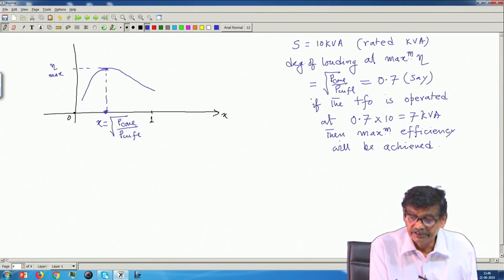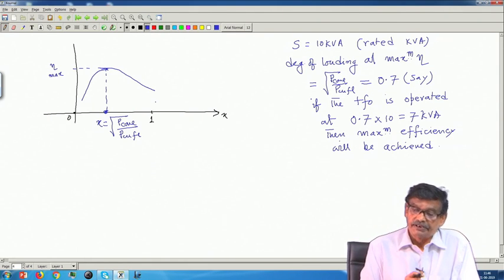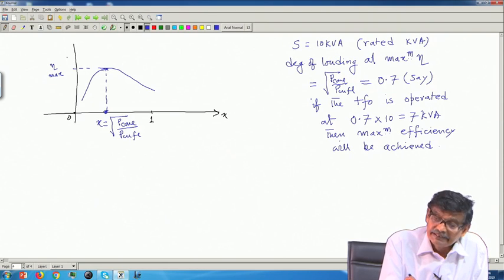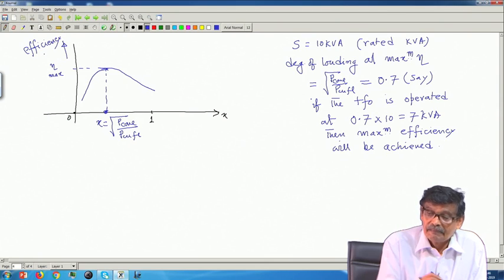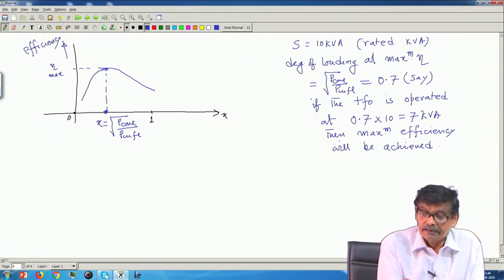Got the point? So, this number, this is the maximum efficiency. So, this axis is efficiency. And this is eta max, this is general eta x.